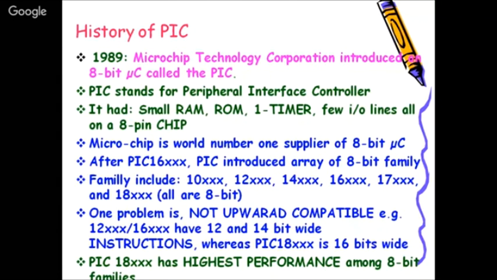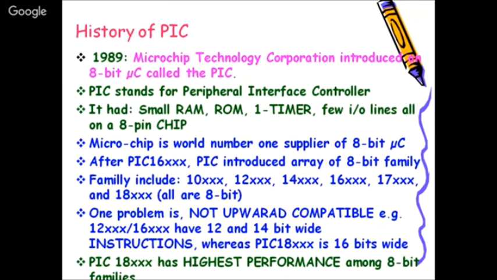Whereas when they launched the PIC in 1989, the peripheral interface controller, that was an 8-bit chip, and it had a small amount of ROM, a small amount of RAM, and one timer only, and a few input-output lines, and all that was packaged in a small footprint, an 8-pin chip packet.